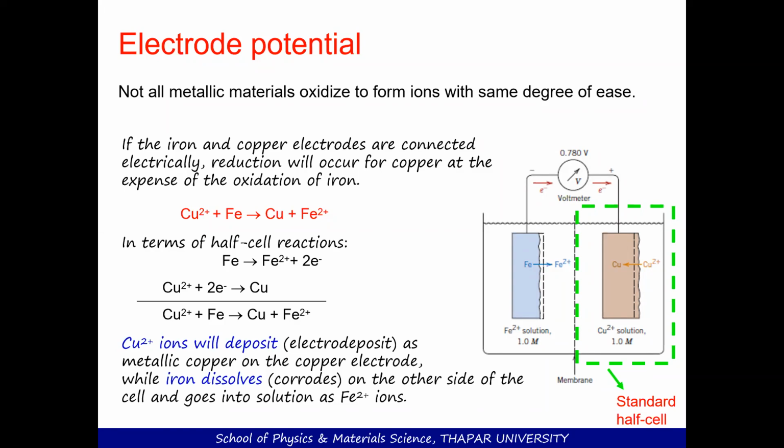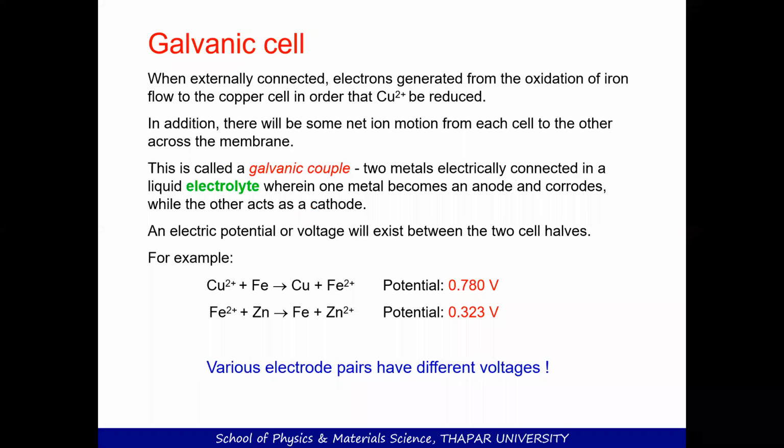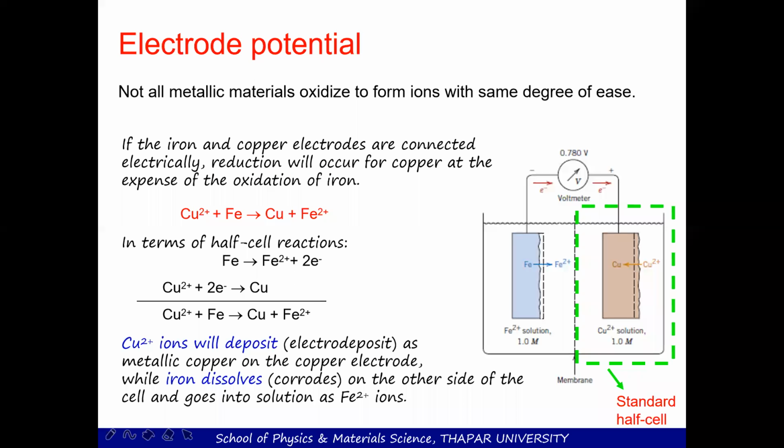The standard half cell is shown in the schematic diagram with the encircled region in a dotted green line. What you have is a metal electrode. A metal electrode is nothing but a sheet of metal which is kept in a solution of the same ions. So for example, in this particular case, we have the metal sheet which is made up of copper.